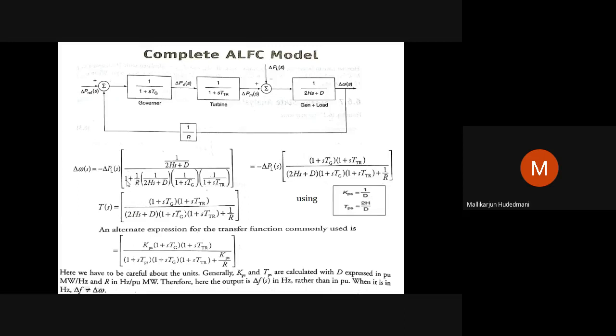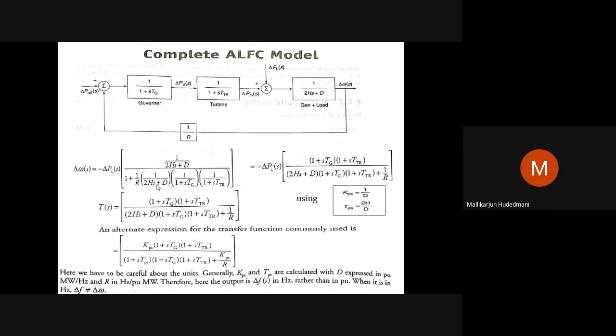This is 1 minus of minus, meaning 1 plus 1 by R first product. Next is 1 by 2Hs plus D into 1 by sTg into 1 by sTr. So all these three: 1 by 2Hs plus D, 1 by sTg, 1 by sTr. So already 1 by R. This becomes the representation of the block, which I simplify further.